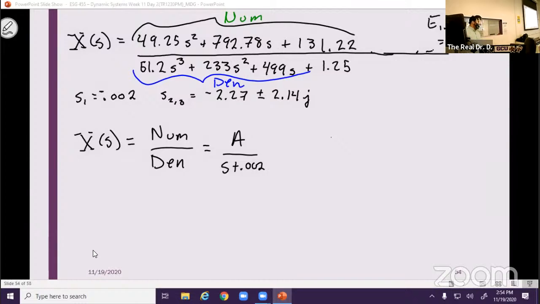This is going to dominate hard, because the time constant is 1 over 0.002, which is 500 seconds. Or days, or years, or whatever unit of time happens to be, millennia. Plus BS plus C over whatever is left here, which is probably going to look like this, because we need to make it look like that.